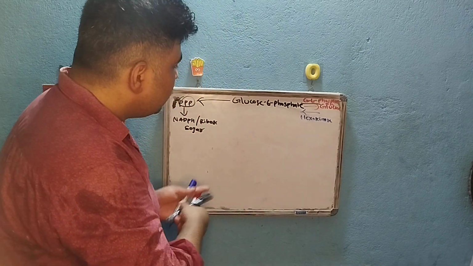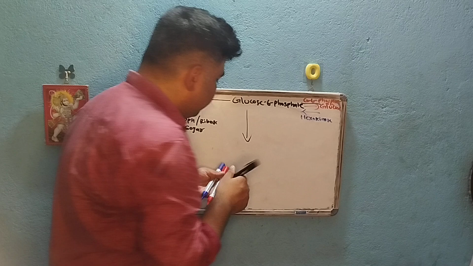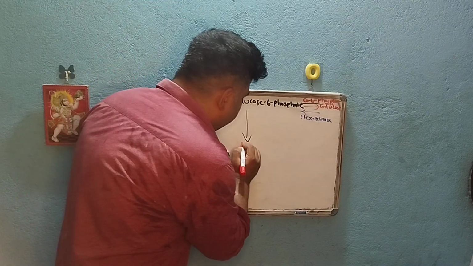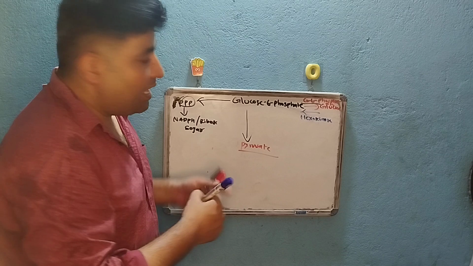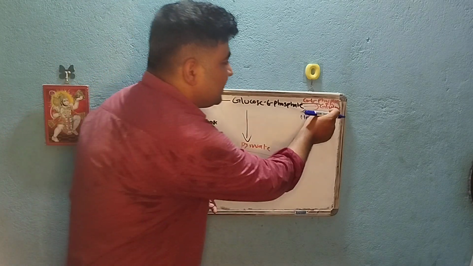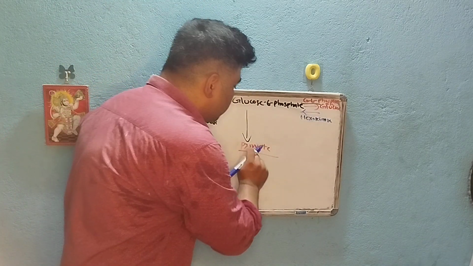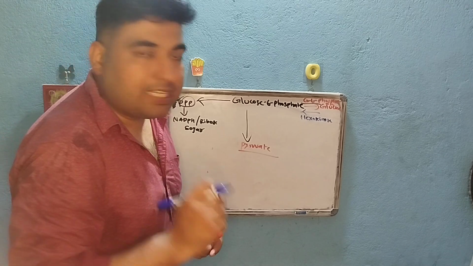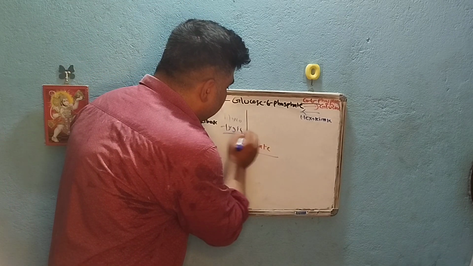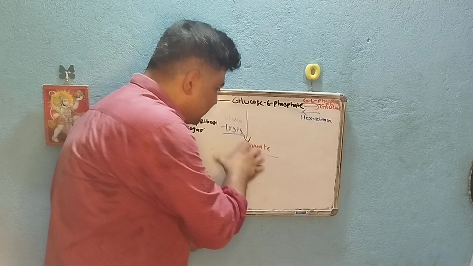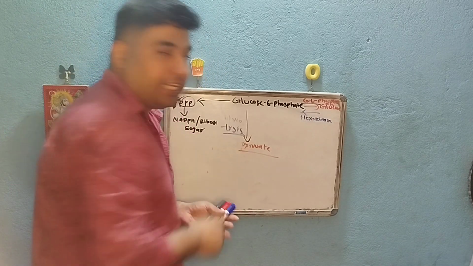This glucose 6 phosphate can be converted into pyruvate. The conversion of a 6 carbon compound into a 3 carbon compound is called glycolysis.